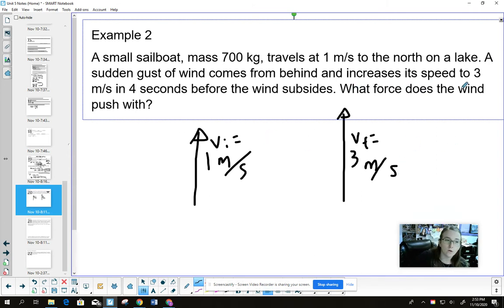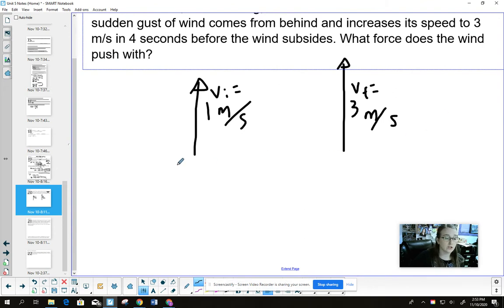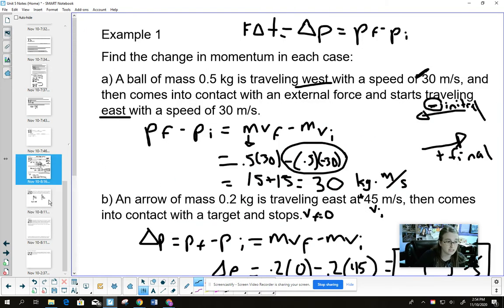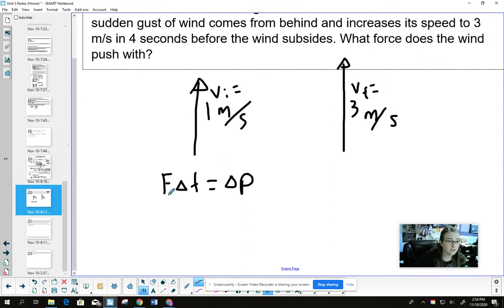So we need to know what force the wind pushes with. So here's what we're going to use. We're going to use the impulse formula. Impulse formula is force times change in time equals the change in momentum. So all we're going to have to do is replace our change in momentum with what we just did basically. And we are going to be able to solve for the force that the wind pushes with.